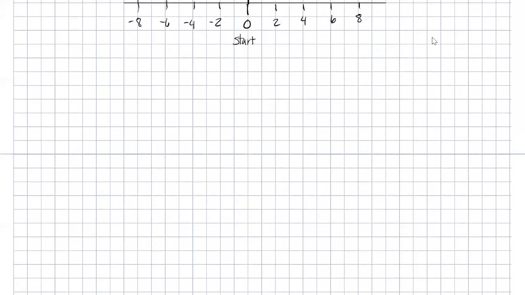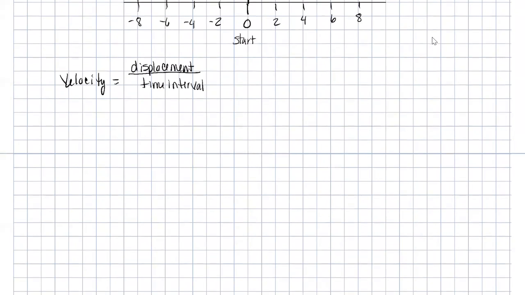To do some simple calculations with this, we can look at velocity then as being equal to the displacement over the time interval. Okay, displacement being the actual point A to point B, or as the crow flies distance.